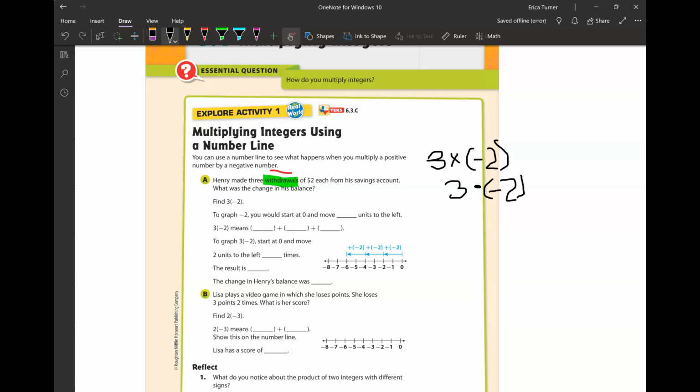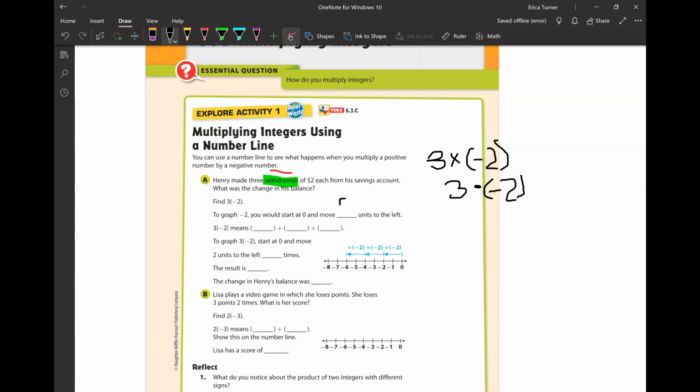To graph -2, you should start at 0 and move blank units to the left. Well, since it's 3 times -2, that means it's 3 groups of -2, because he took out $2 3 times.